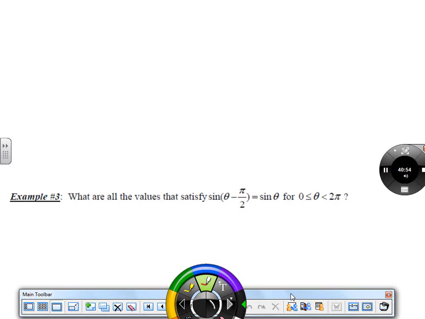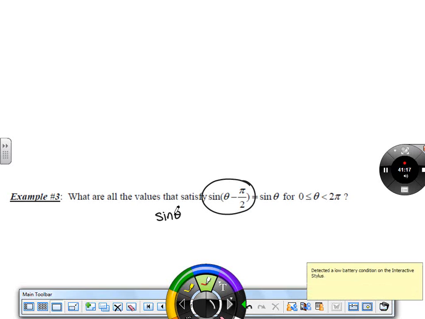But here I have a solving equation problem right here. I just want you guys to think about it logically. First, I want you to change this because this is a little crazy. We can either expand it out using our sum and difference formula, or we can try using our cofunction identity. I don't know it, so I'm going to write it out. Sine of theta, cosine of pi over 2. Again, this is like my alpha, and this is like my beta.